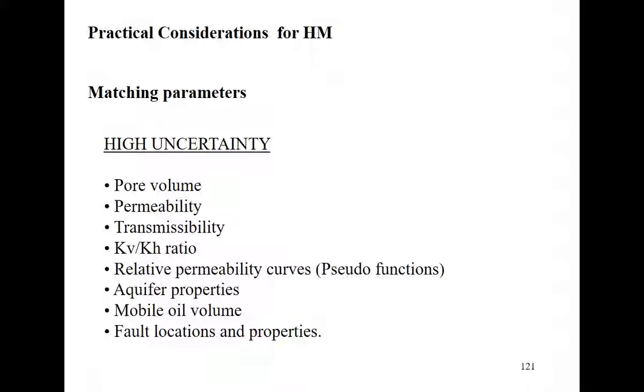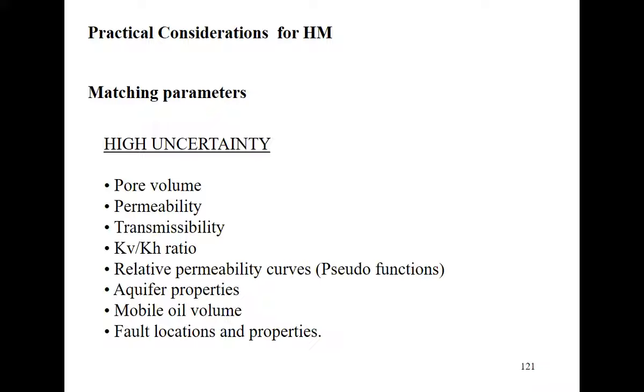For high uncertainties, we can say that pore volumes, permeability, transmissibility, KV/KH ratio, relative permeabilities, aquifer properties, mobile oil saturation, fault location, and their properties.